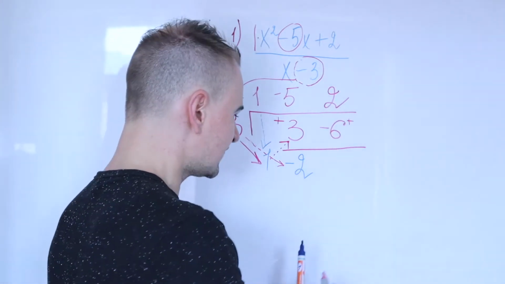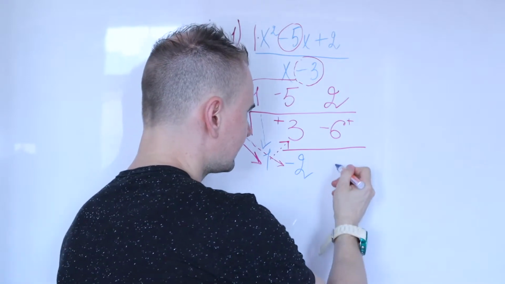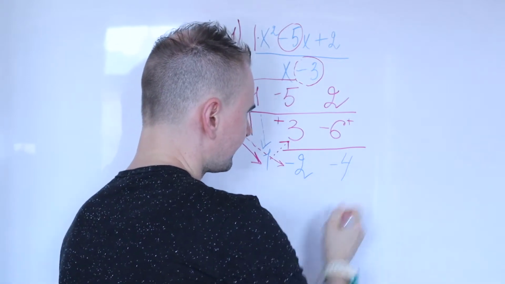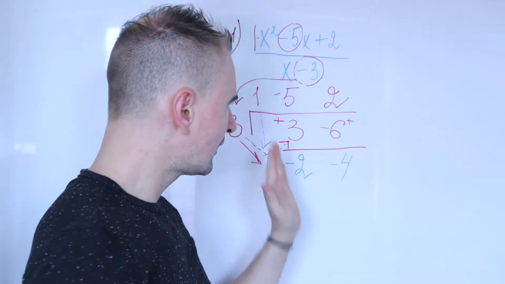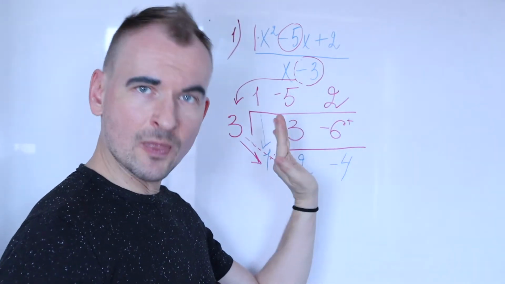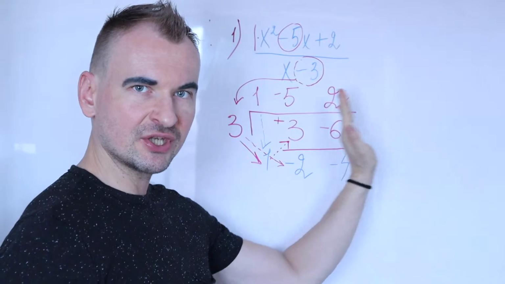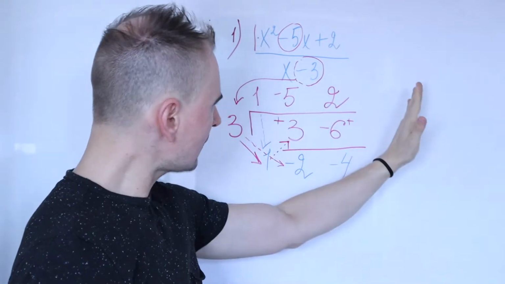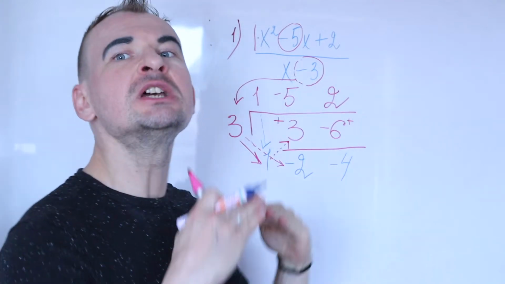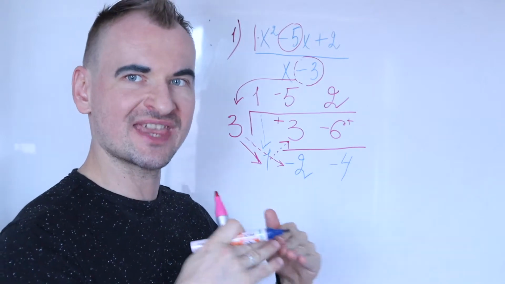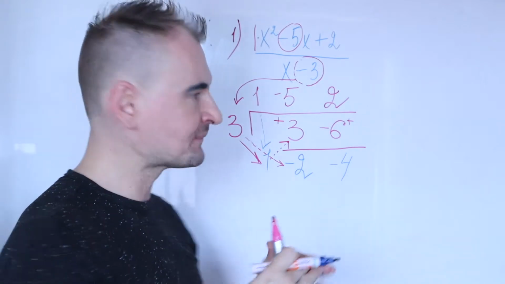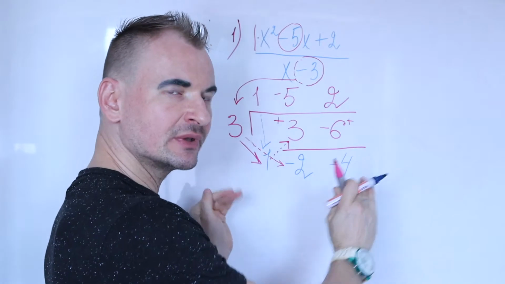So 2 minus 6 gives me negative 4. We are done since there are no numbers left. If you had more coefficients, you just do the same steps. We are done at this point.